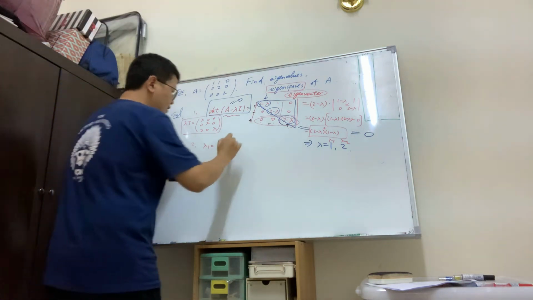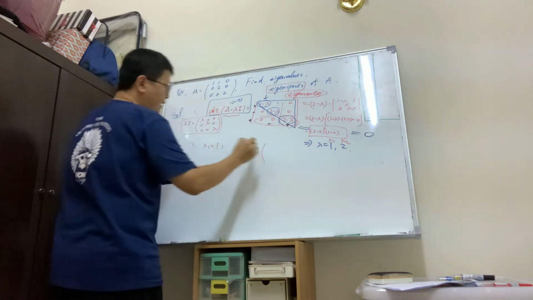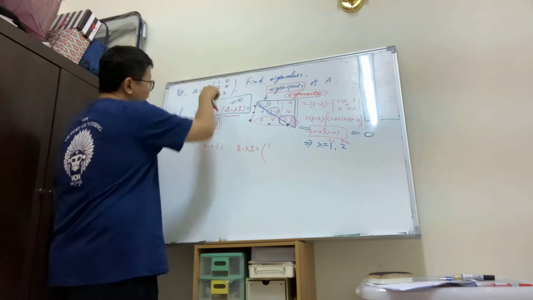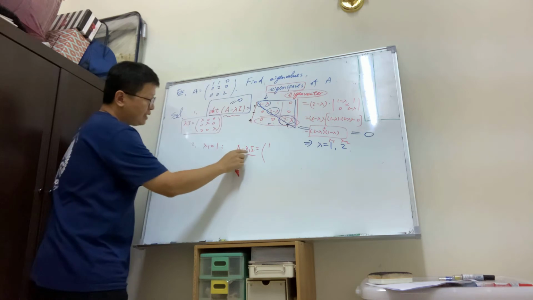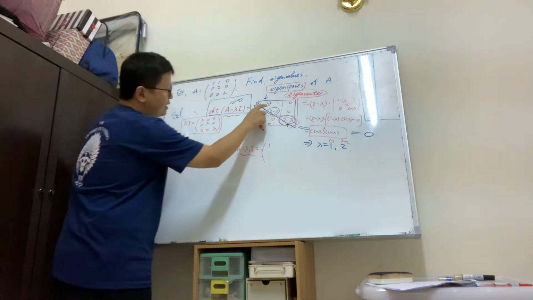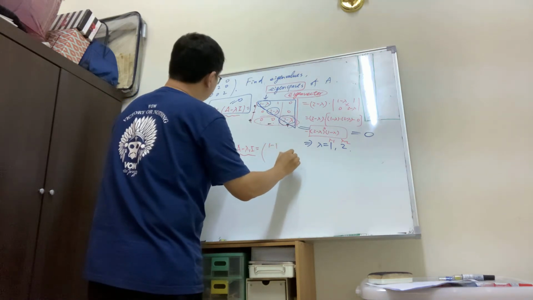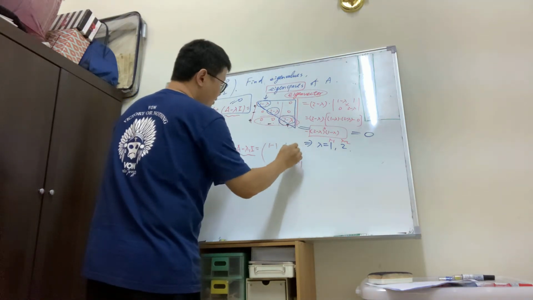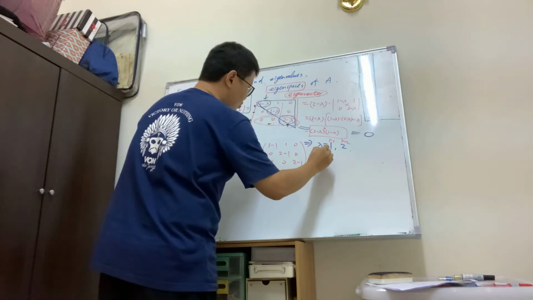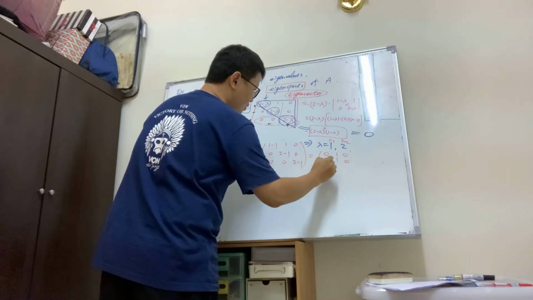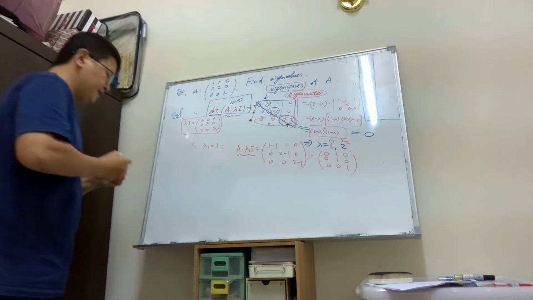Here lambda 1 is 1, so in the diagonal of the matrix we subtract lambda 1: 1 minus 1, 2 minus 1, 2 minus 1. For the other entries, just keep them. And it's exactly equal to 0, 1, 0, 0, 1, 0, 0, 0, 1.